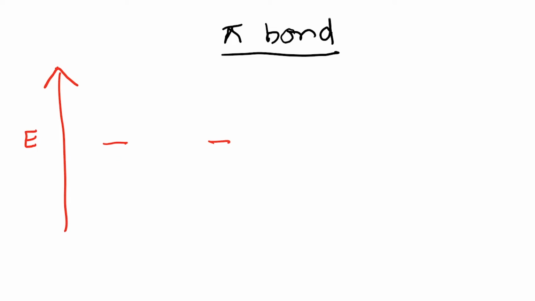So let's say this is a carbon-carbon double bond. Now this is carbon A, and this is carbon B. Okay, and now when these atomic orbitals combine, with 1 electron each in the atomic orbitals, you would form molecular orbitals, and you get two kinds of molecular orbitals, as you're all familiar with.